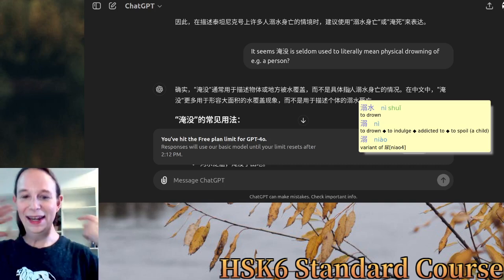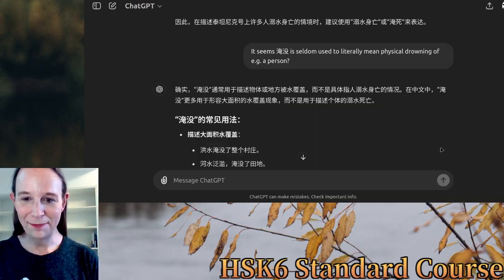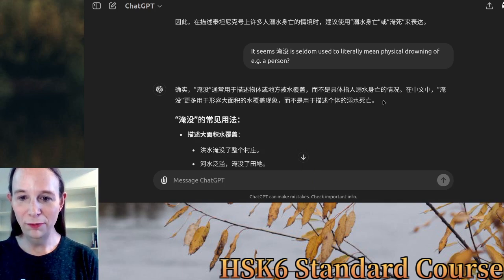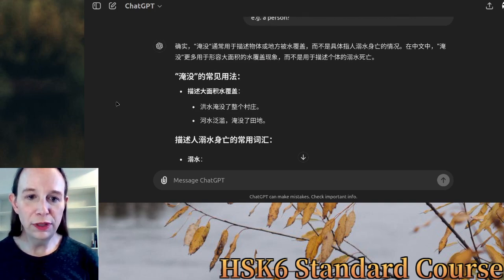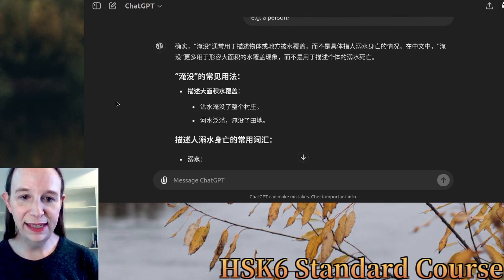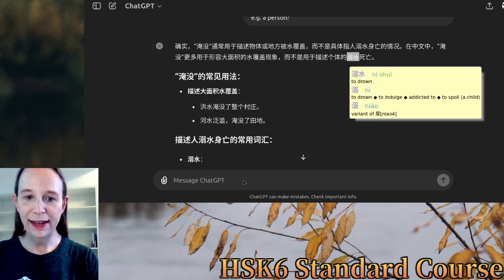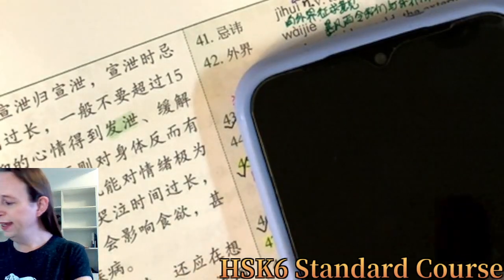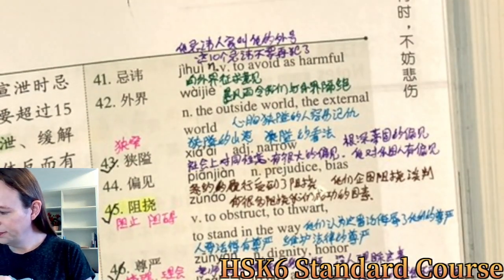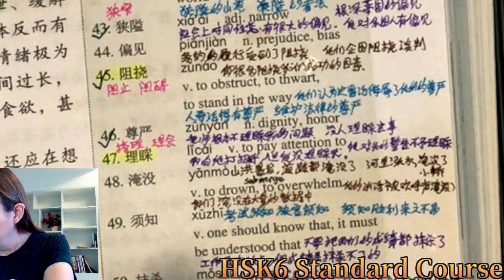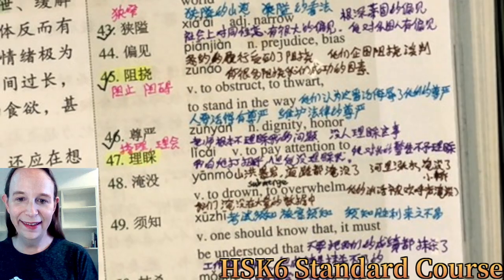It's a better word from a language perspective. 溺水身亡的情况，在中文中淹没更多用于形容大面积的水覆盖现象，而不是用于描述个体的溺水死亡。溺水。All right, let's jot that down. 溺水。So we're 淹没。To drown. Yeah.